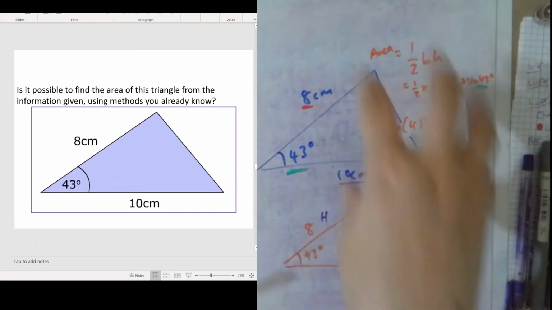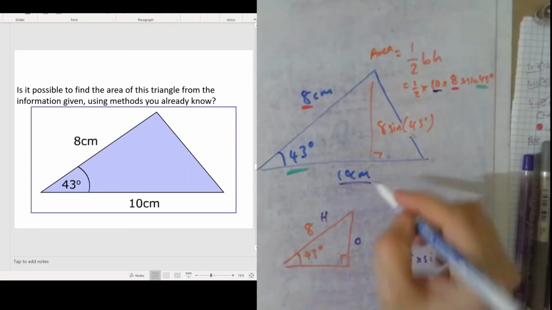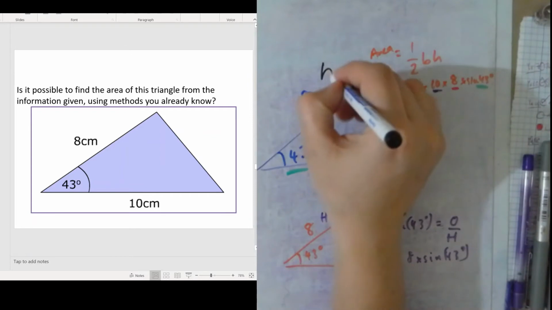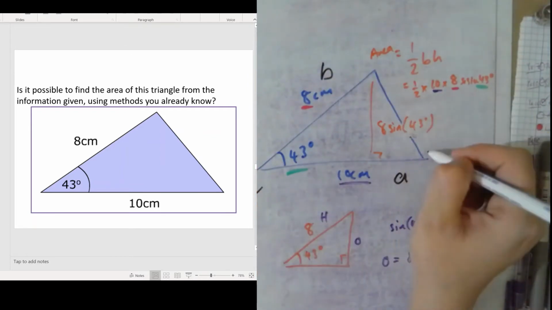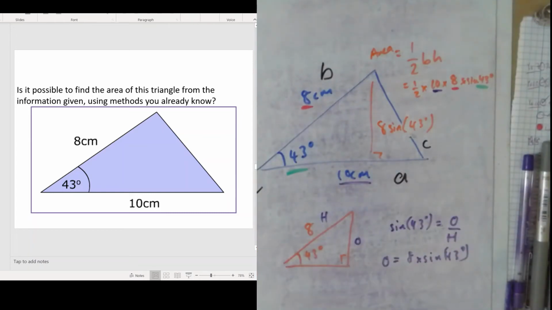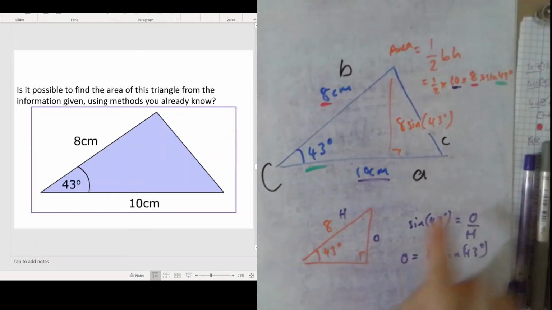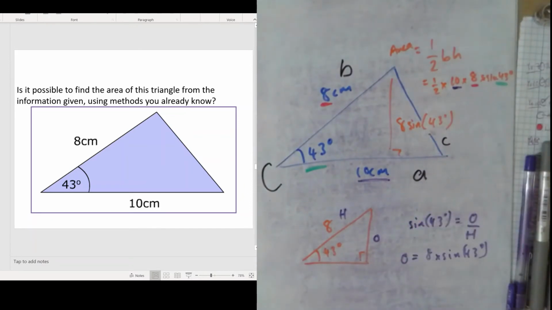So if I was to label this up, I would have had a triangle where this is my A, this is my B, and this is my angle C, because this would have been the small c and that would have been the angle C, right? So you've got your half AB sine C. And that is one of the proofs that is used to find the sine rule.